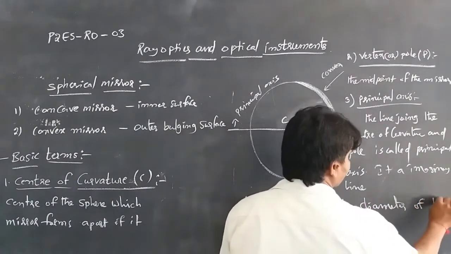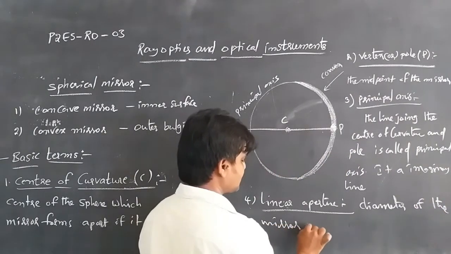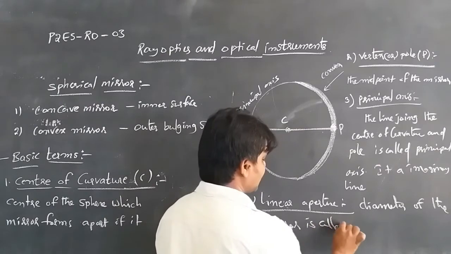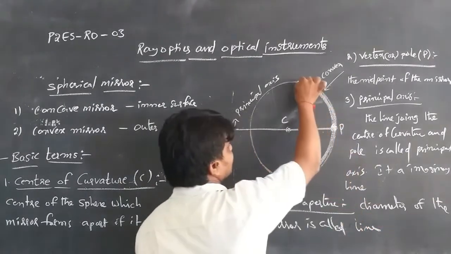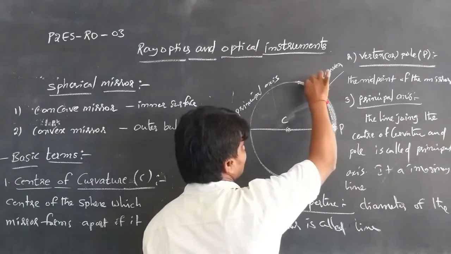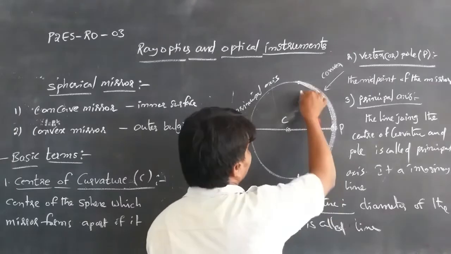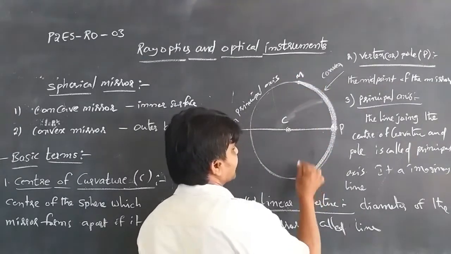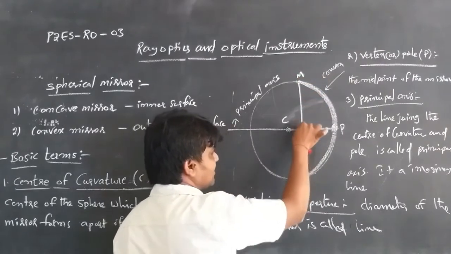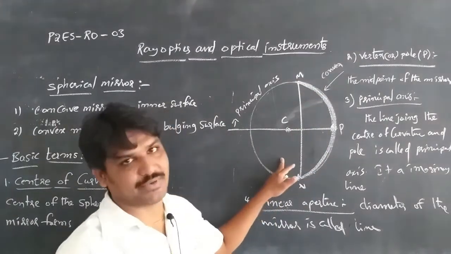Consider this is the mirror, and we take points M and N. The diameter MN is called the linear aperture.